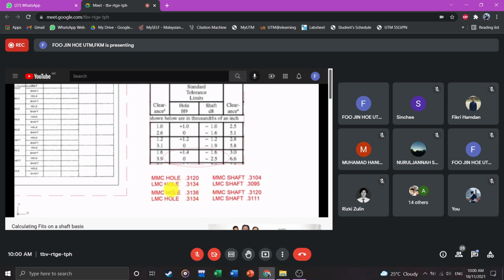Now that's the max material condition size of the hole. And if I'm going to do that, I then have to do the same thing down here. If I do the same thing down here, then I'm going to add 1.6 here, so I am going to get 0.3150.